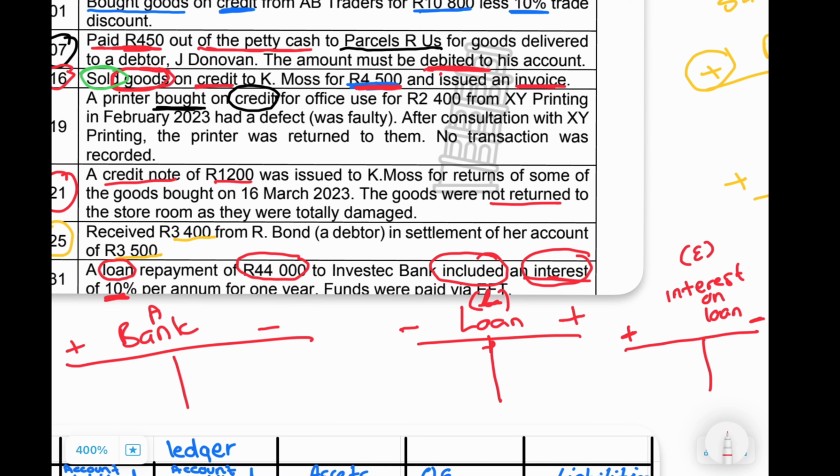How are we going to get the loan amount, and how are we going to get the interest on loan amount, because we only have one amount? The good thing is that they gave us the percentage of the interest. We paid 44,000 to Investec, and in the 44,000, 10% is for interest.